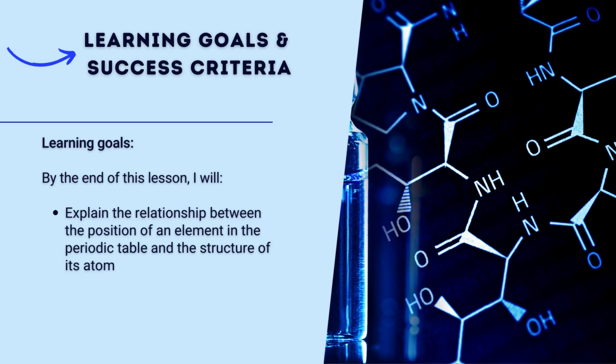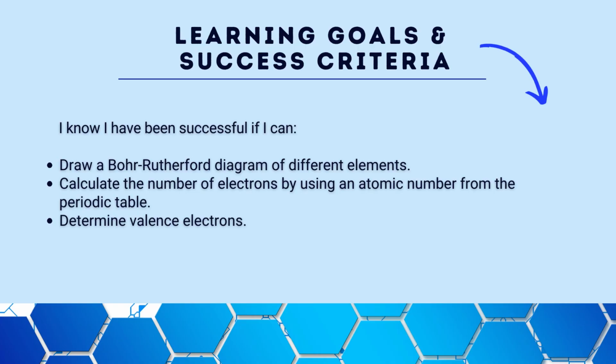The learning goal for this lesson includes explaining the relationship between the position of an element in the periodic table and the structure of its atom. Success criteria, or knowing that you have absorbed all of this lesson's knowledge, can be determined by whether you can complete the following tasks.